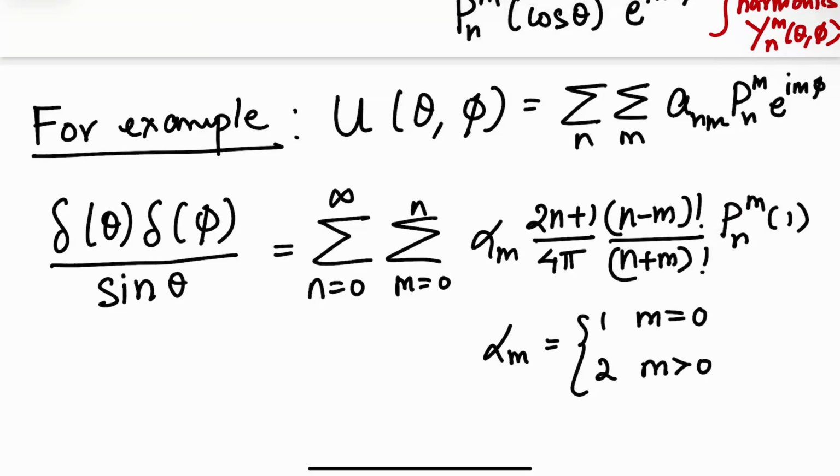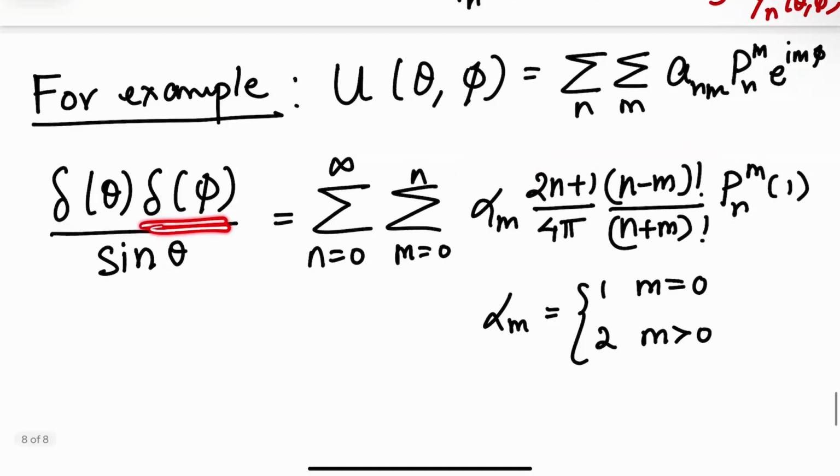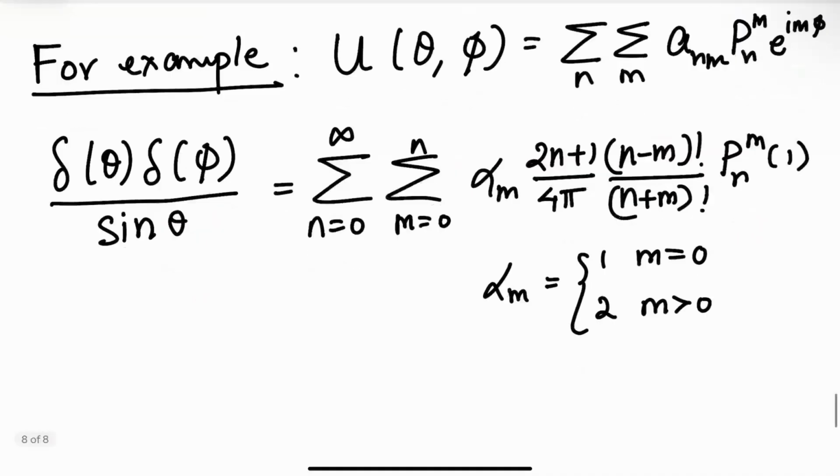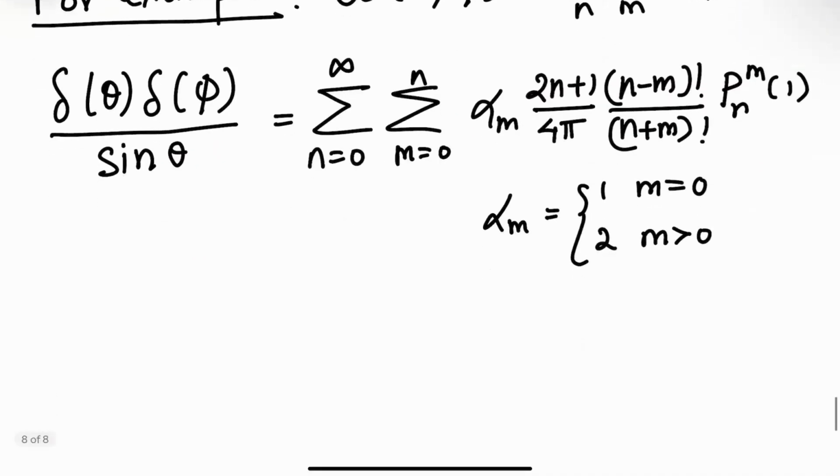So that's your coefficient. That's your basis. Here there's no e to the im phi. This function is not required in this expansion because there's no variation in phi. So you're essentially left with just this.